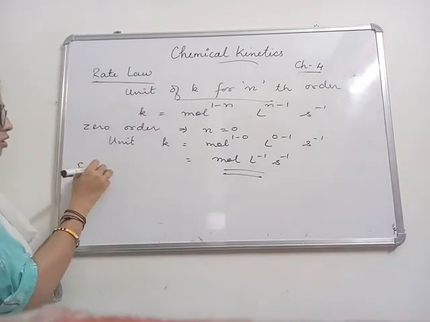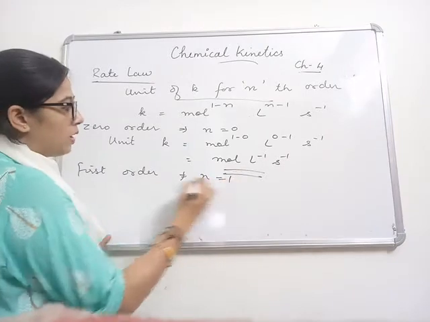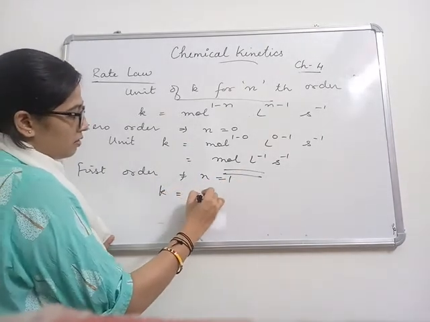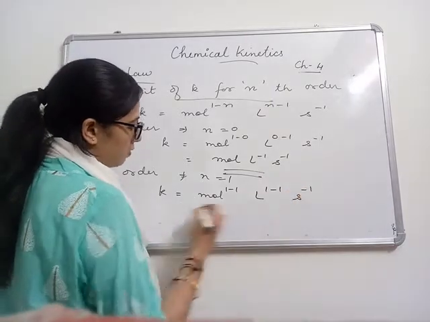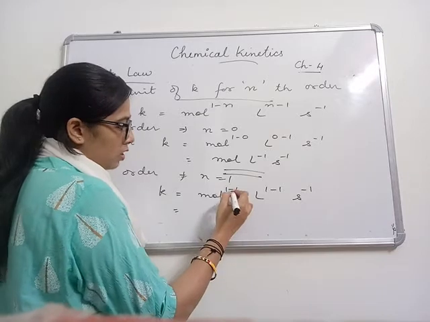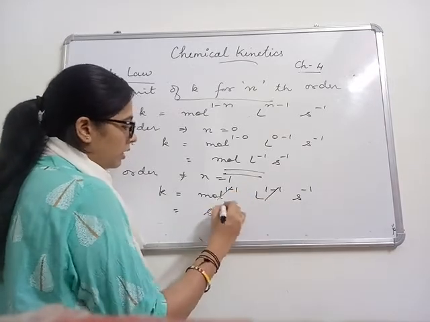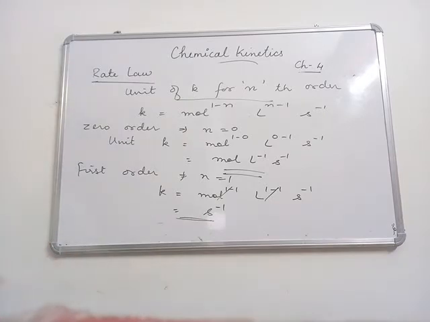If it is first order reaction, first order means n is equal to 1, then the unit of K is mole 1 - 1 liter 1 - 1 second inverse. ये मोल टू द पावर 0, एनी टर्म टू द पावर 0 इज 1, तो ये भी 1 ये भी 1, तो रिमेनिंग क्या है, ओनली सेकेंड इनवर्स. सो सेकेंड इनवर्स इज द यूनिट ऑफ फर्स्ट ऑर्डर रिएक्शन.